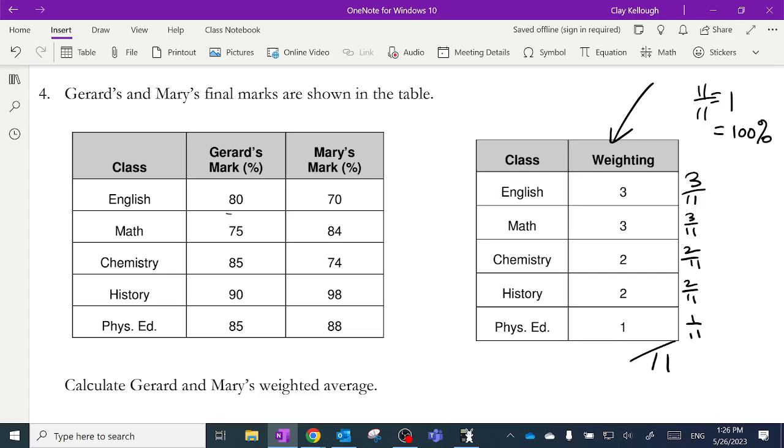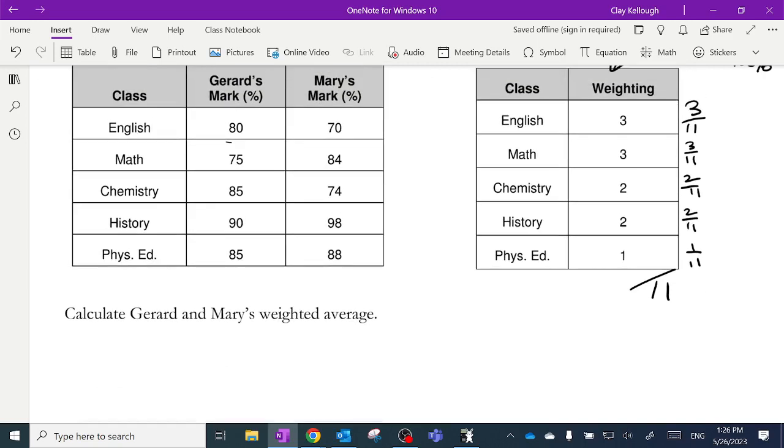Now, how many people actually have a fraction button on their calculator? Break it out, okay? It says in our notes that we change them to a decimal. Yeah, but that's when we started off with a percent. It's actually easier to work with the fractions. If you have a fraction button especially, let's do Gerard first.